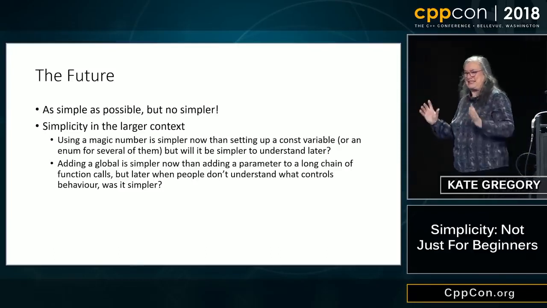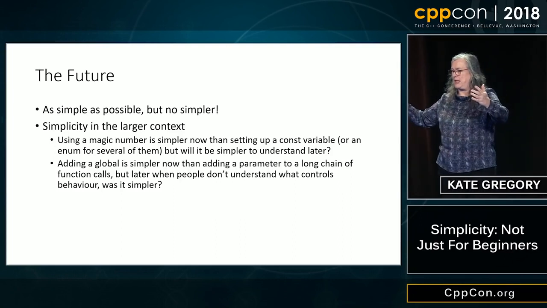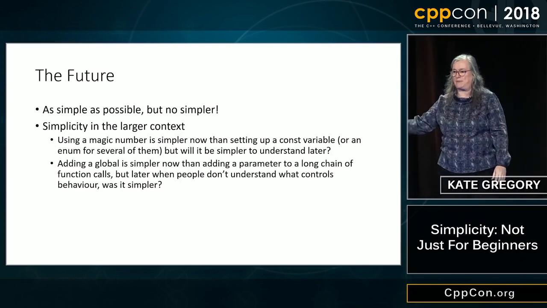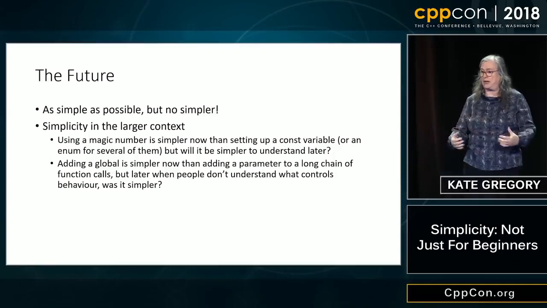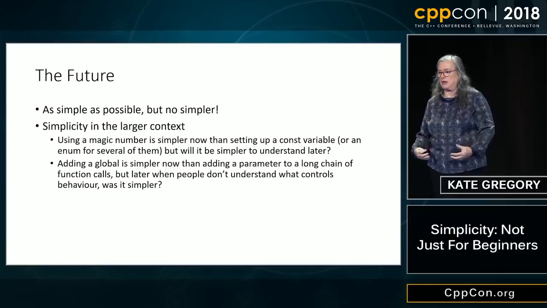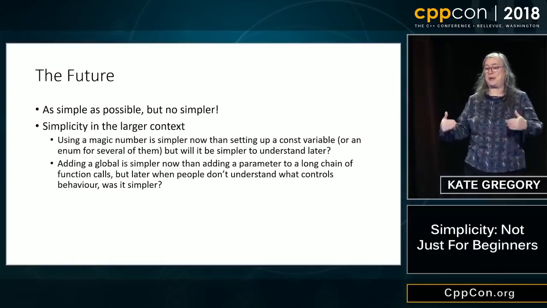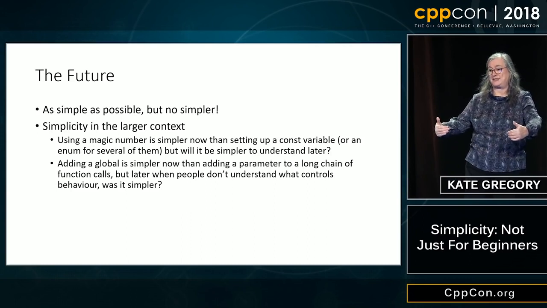Your simplicity needs to live in this larger context, which is time-aware. It's simpler now to just type 472, isn't it, than to go set up some kind of constant or some enums or something. But later, it will be much simpler to have the constant.